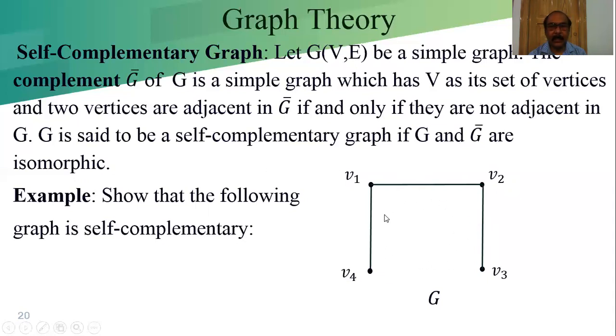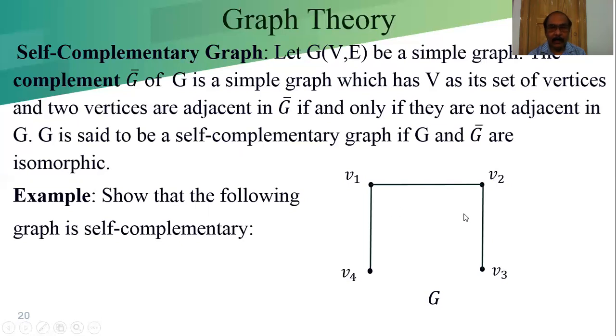For a self-complementary graph, first is the complement of this graph: the number of vertices should be the same, and those vertices which are adjacent here should not be adjacent in the complement graph. If that complement graph is again the G itself, then it is known as a self-complementary graph.